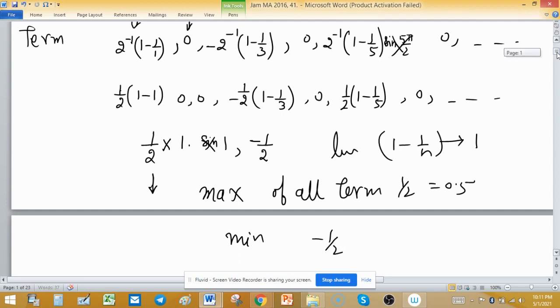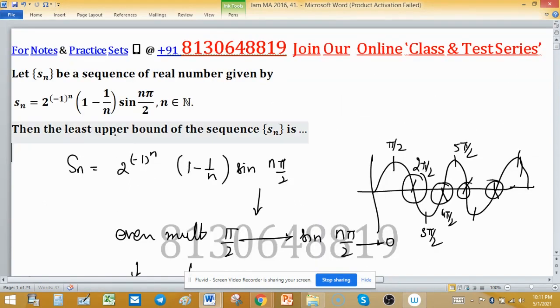So what is asked about is the least upper bound. Because this is the max value, it will work as the least upper bound. So least upper bound is 0.5.